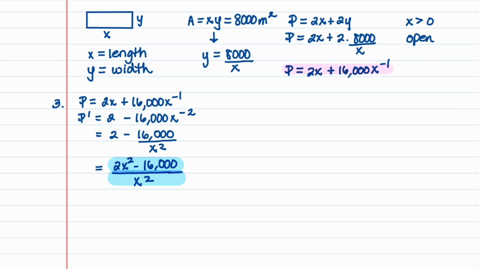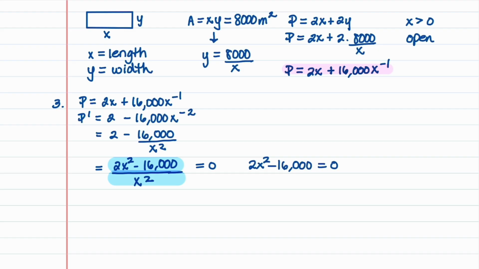Now what we're going to do is find our critical values. So we're going to take our derivative and set it equal to 0. This gives us 2x squared minus 16,000 is equal to 0.